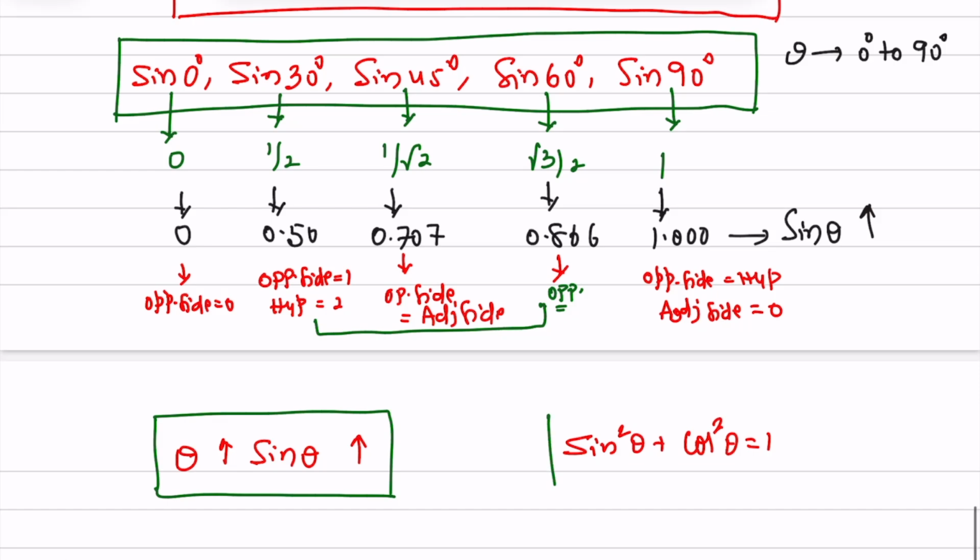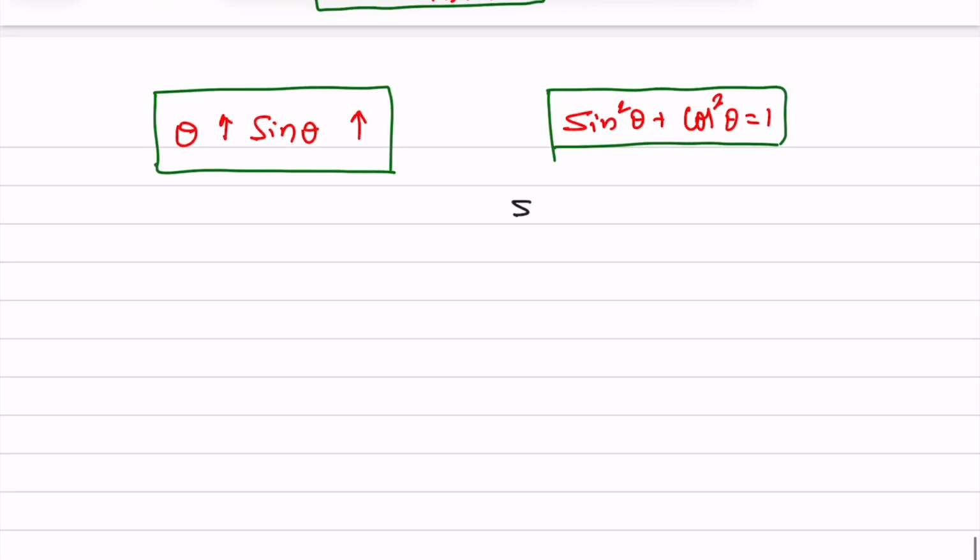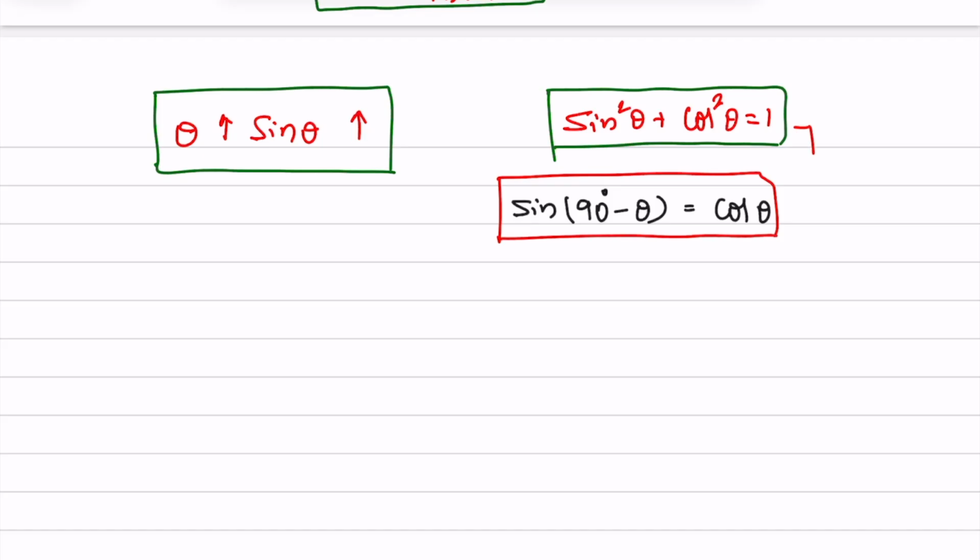This you can use, or you can use the formula, if theta is less than 90, sin 90 minus theta is equal to cos theta. These two can be used to find out cos theta, and once cos theta is found out, tan theta is equal to sin theta by cos theta.